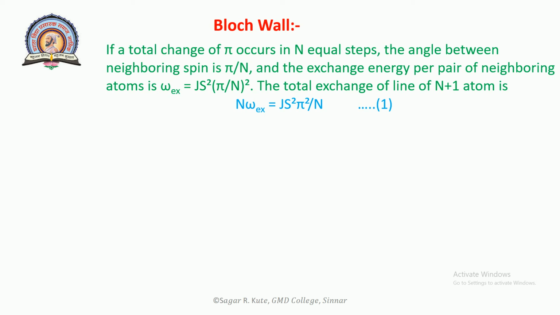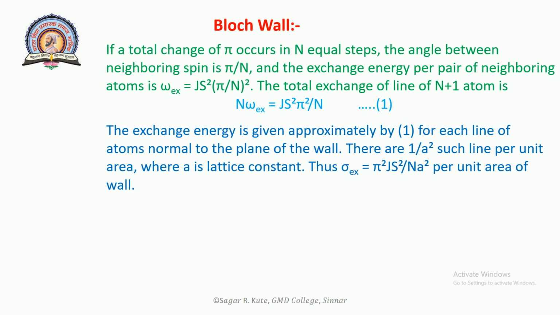The energy per unit area of the wall is the sum of exchange and anisotropy contributions: sigma W is equal to sigma Ex plus sigma anisotropy. The exchange energy is given approximately by equation 1 for each line of atoms normal to the plane of the wall. There are 1 by a square such lines per unit area, where a is the lattice constant.